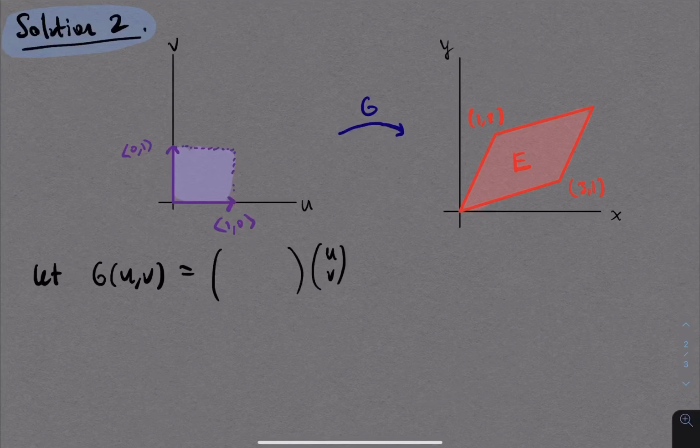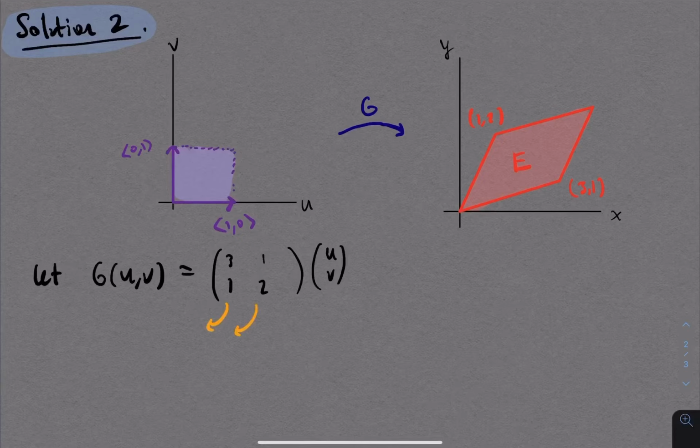Now, how do I specify a linear transformation which maps this vector to this vector and this vector to this vector? Well, the images that I'm looking for will just be the columns of my corresponding matrix. So the first column I'll make (3, 1). The second column I'll make (1, 2).